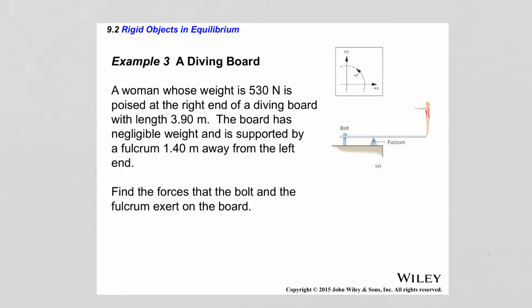Let's discuss the effect of the net force acting on a rigid body as far as the equilibrium of the body is concerned.